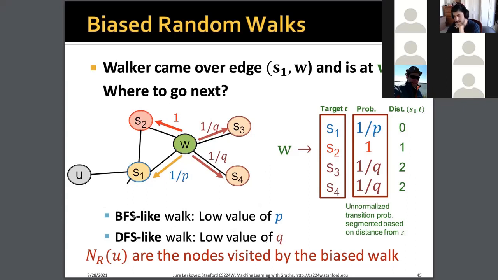This makes sense because with breadth first search, a low P value makes it more likely to return to the previous node, so we're going to stay in this neighborhood. We're going to keep feeding back to S1, and then we'll traverse everything around it. In depth first search, if we have a low Q, it makes it more likely for us to meander out and go to different places in the graph.